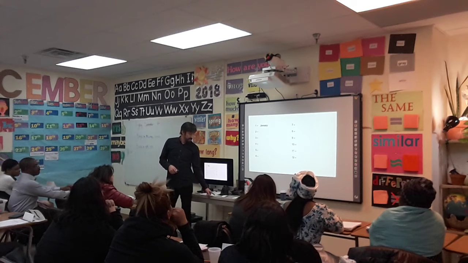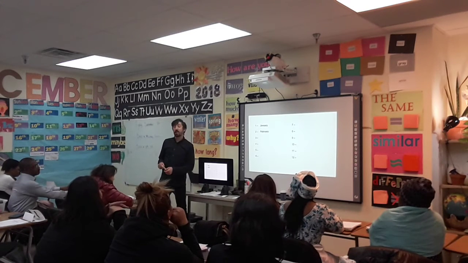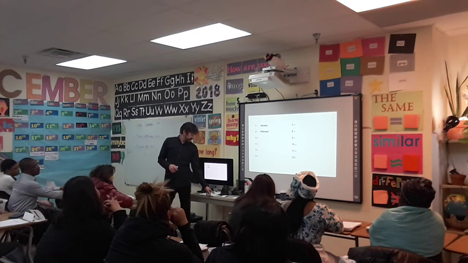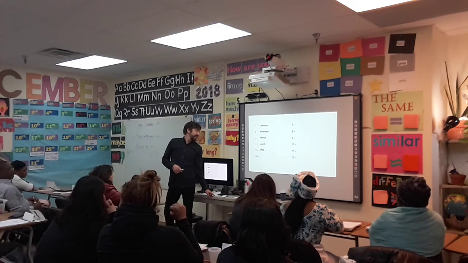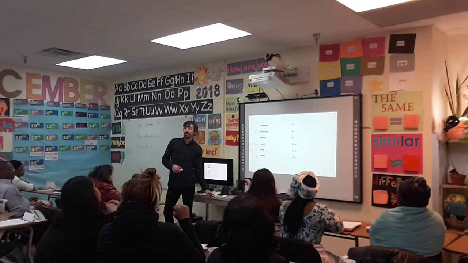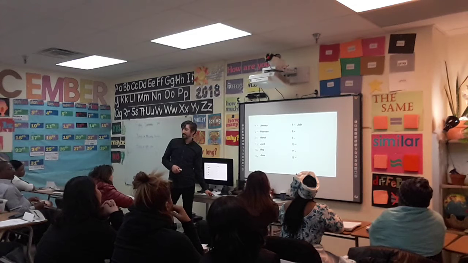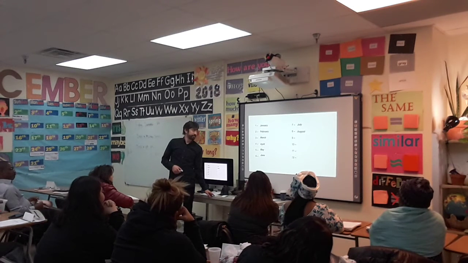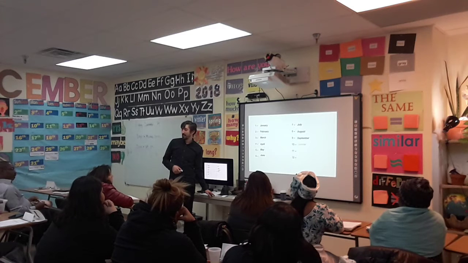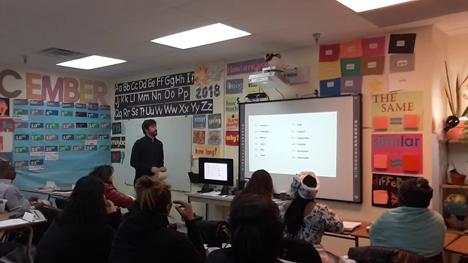What's number 2? Yeah, February. Number 3? Number 4? 5. 6. 7. 8. August. Yeah, 9. 10. 11. And 12. Yeah, perfect.